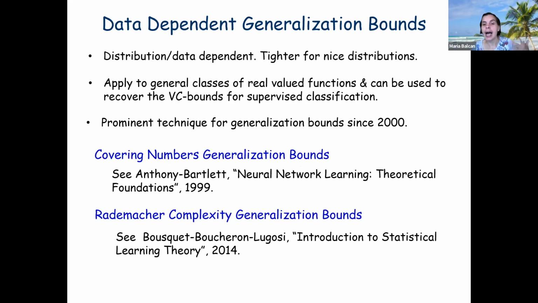At a high level, it's the ability of the function class to fit noise. That's a succinct way to describe what Rademacher complexity is. It's a distribution dependent quantity, and you get bounds based on Rademacher complexity, but you can always upper bound Rademacher complexity as a function of the VC dimension. So if you prove bounds based on Rademacher complexity, you can recover the bounds based on VC dimension.